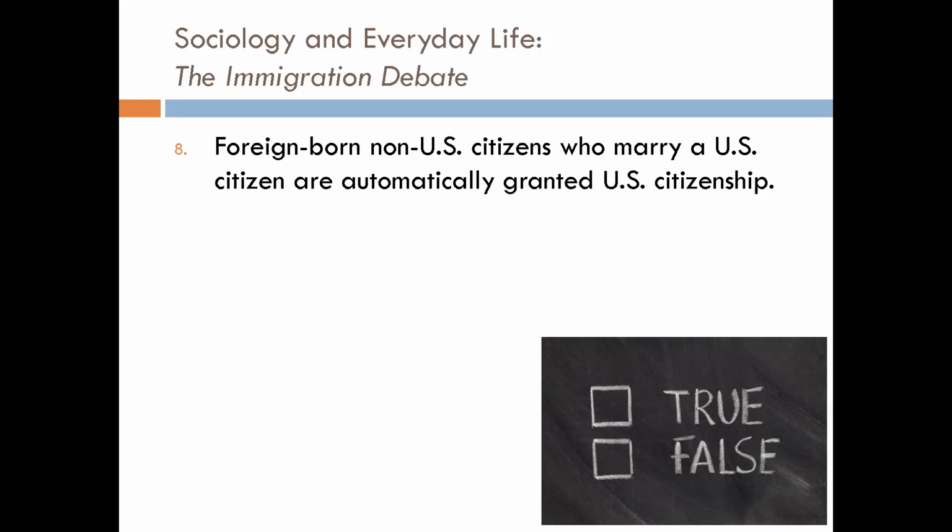Is it true or not? Automatically, is the person a US citizen or not? They have to go through some documentary process for gaining US citizenship. Logically, it is not true. Yes, it is not automatic.